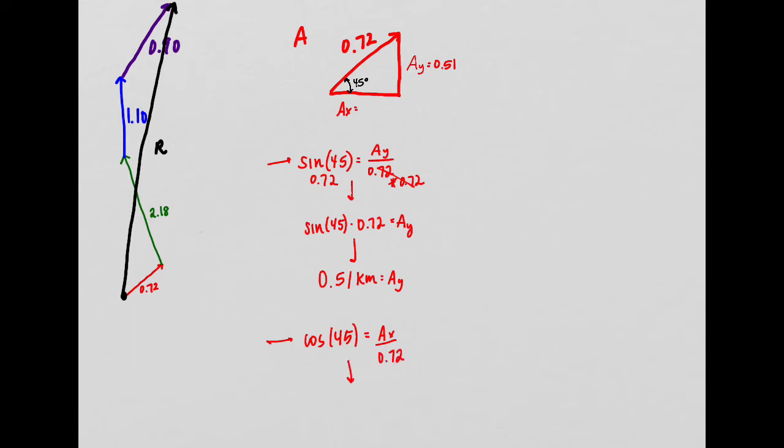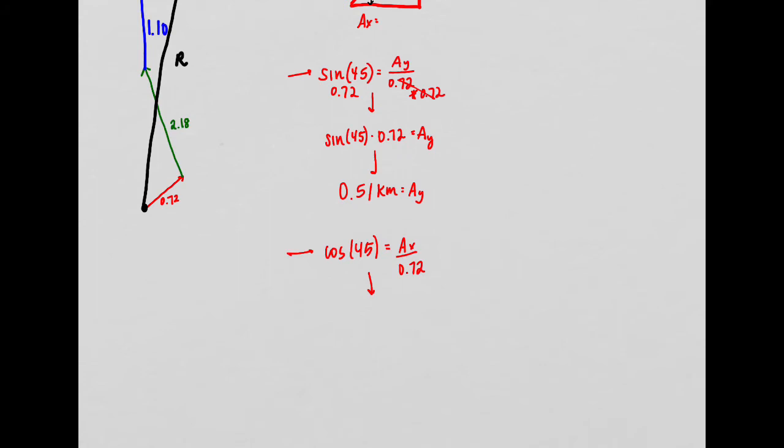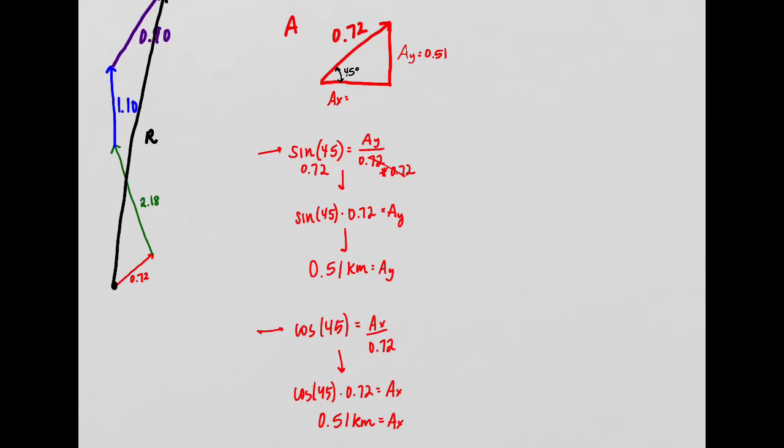And when I rearrange, I get something very similar. Cosine 45 times 0.72 equals AX. And I get 0.51 kilometers equals AX. All right, that makes sense. 0.51 kilometers.